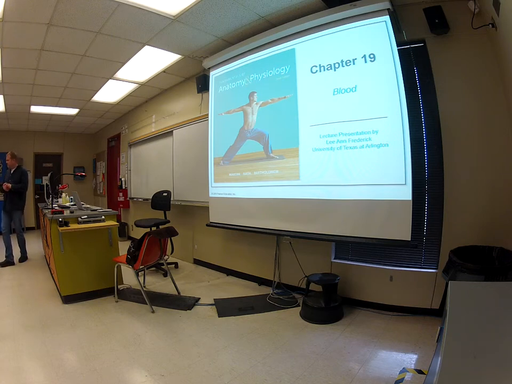Okay, Buffy the Vampire Slayer. I know. Okay, but 55% of blood is plasma. 90% of that 55% is water. We're talking about blood. It's water. And so if we have too much water, we could potentially have too much blood pressure.